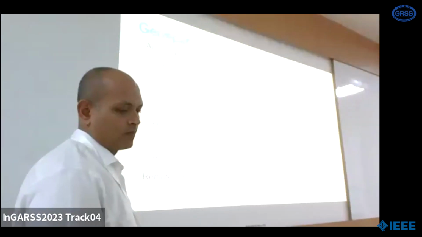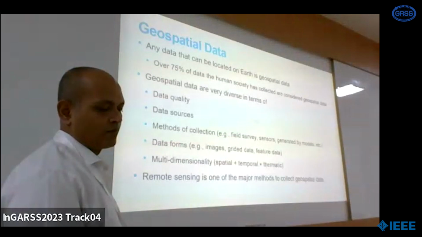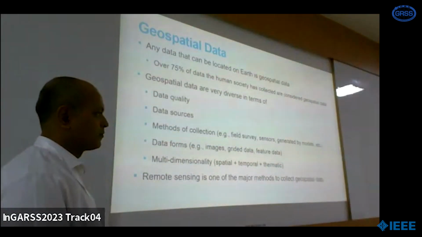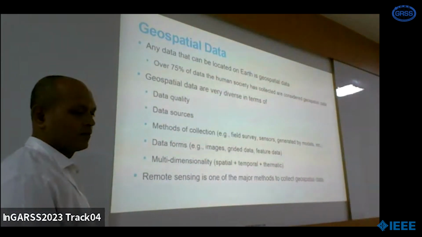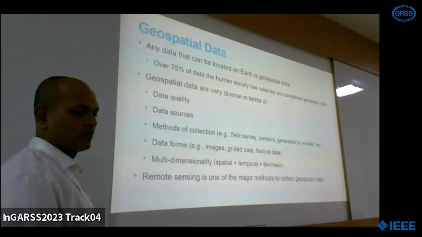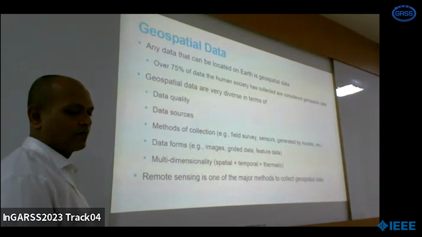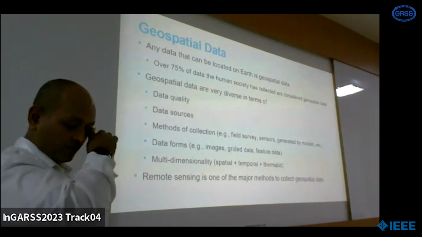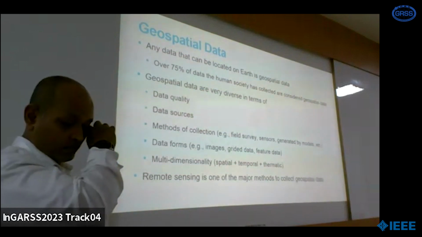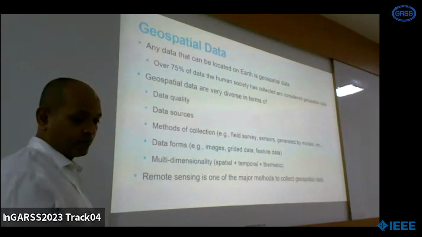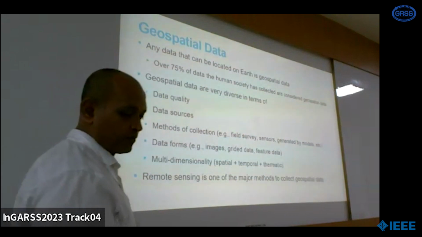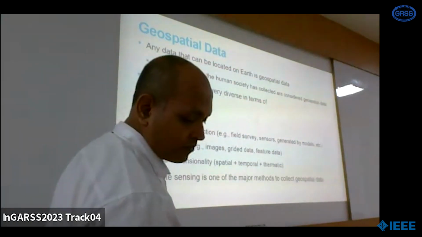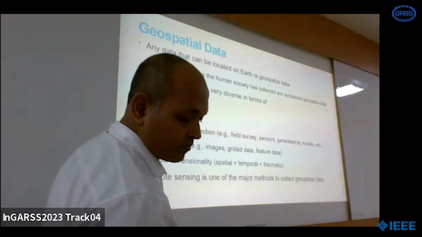And also we have more dimensions. The data may be spatial, we have 3 dimensional X, Y, Z. And we also have a temporal dimension and a semantic dimension. So we have multi-dimensional data. And by far, remote sensing is one of the major methods to create geospatial data.